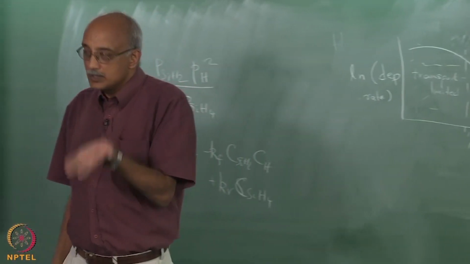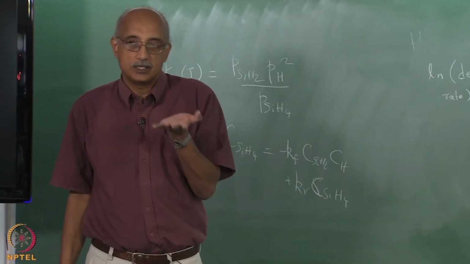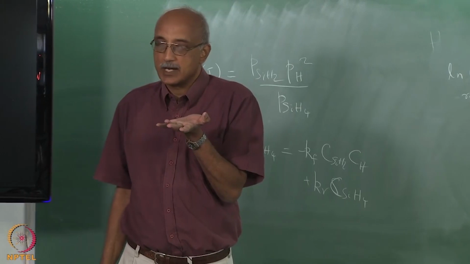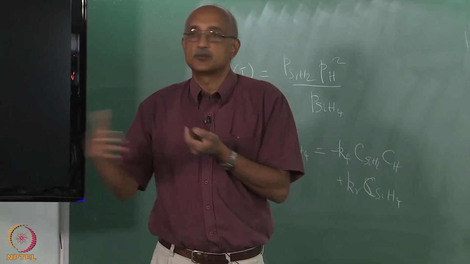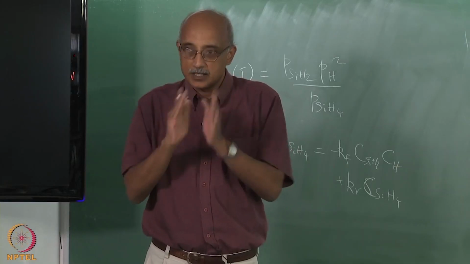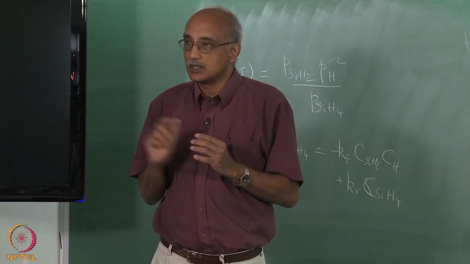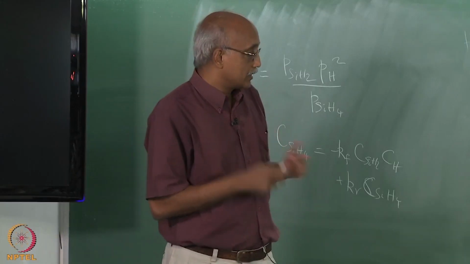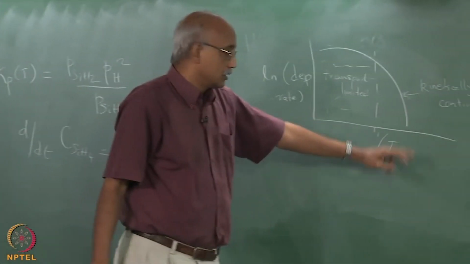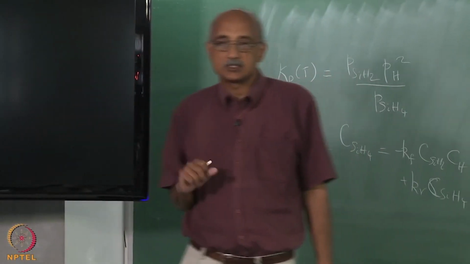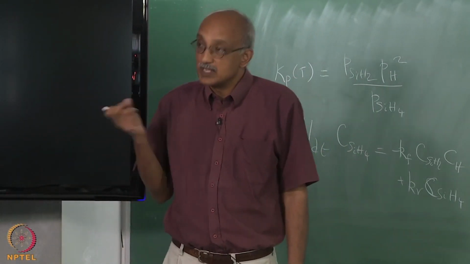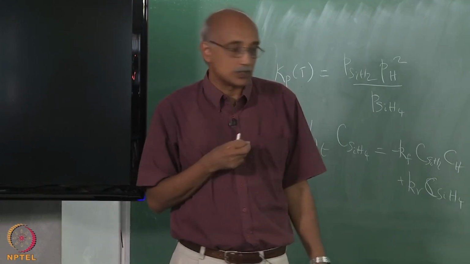So, as you increase the substrate temperature, eventually it gets to be so high that there is no kinetic limitation. The reaction will proceed as long as the reactants are delivered to the reacting surface. Whereas, in this limit the temperatures are low enough that even small variations in temperature can have very significant influences on the rate of deposition.